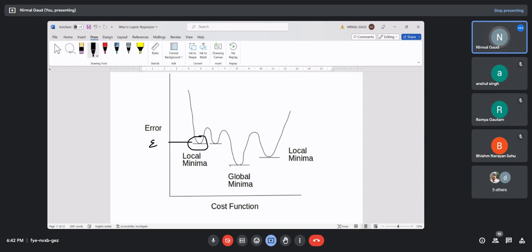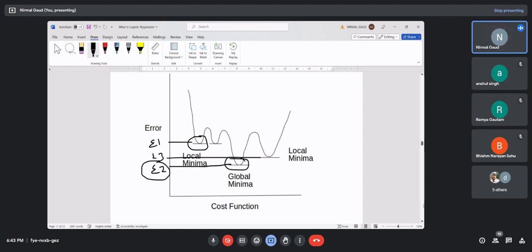I want to reach this particular point where the error is less than the previous error. You can see that E2 is less than E1. That's what I want to achieve. As much as the error is less, obviously the performance of the model is good. So here the error is more, here also the error is more, and I want to reach that particular place where the error is less. That is my global minimum.